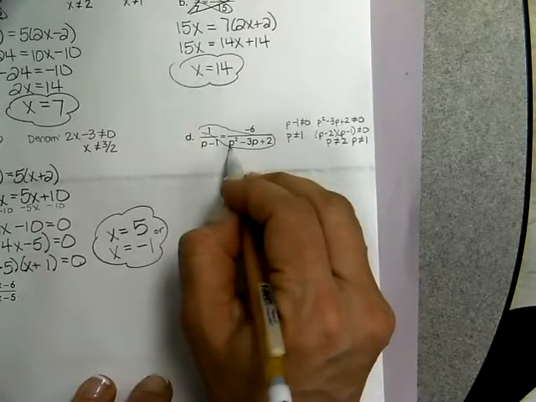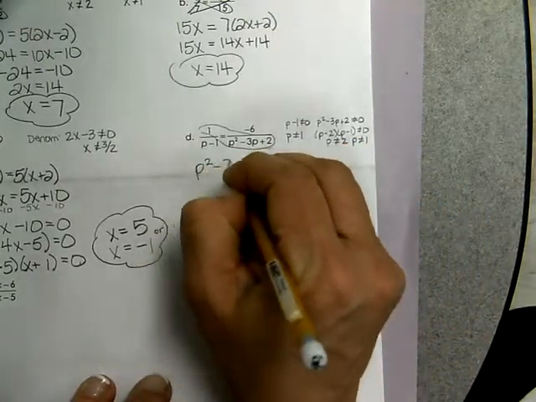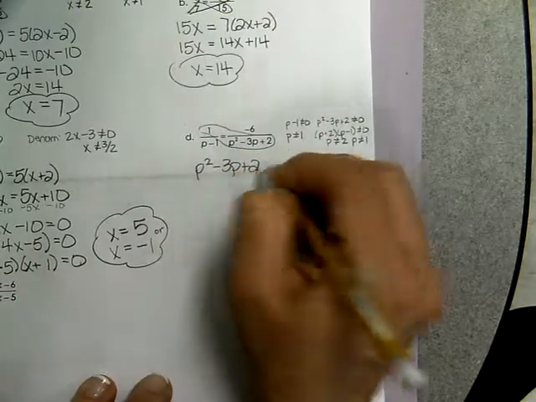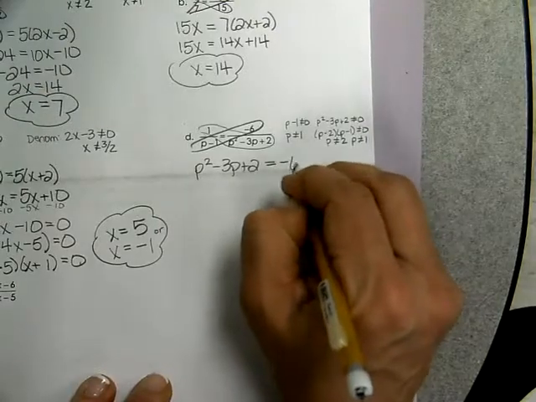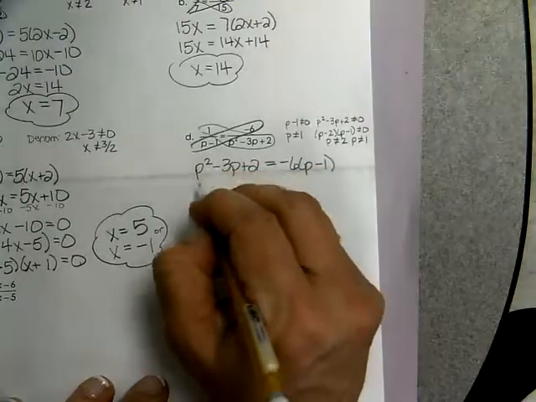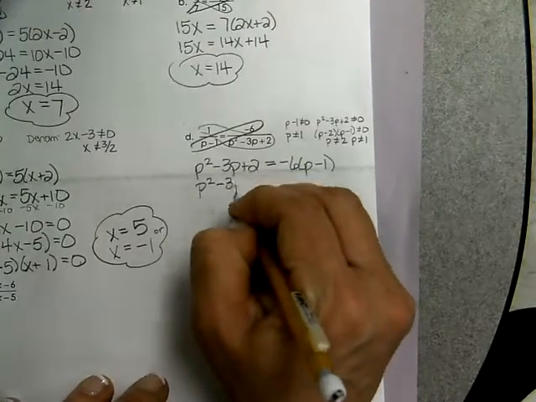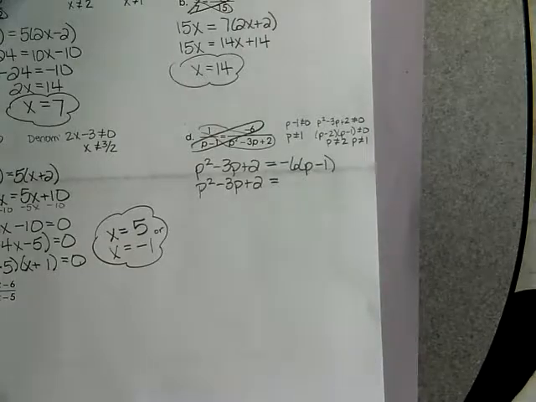I'll take 1 times p squared minus 3p plus 2, so that's just p squared minus 3p plus 2. And now set that equal to negative 6 times the quantity p minus 1. So I'll leave this p squared minus 3p plus 2 alone.